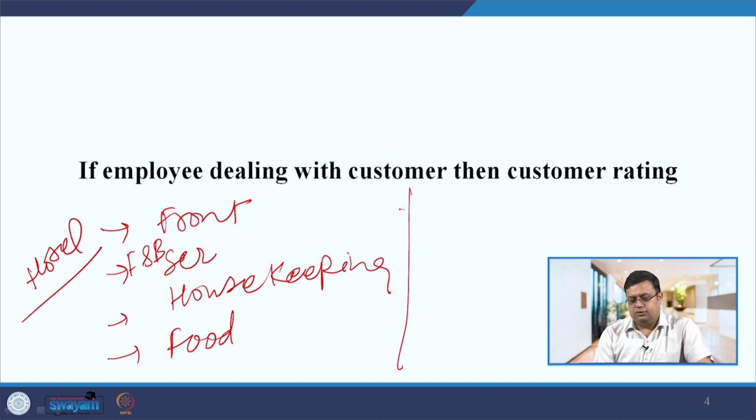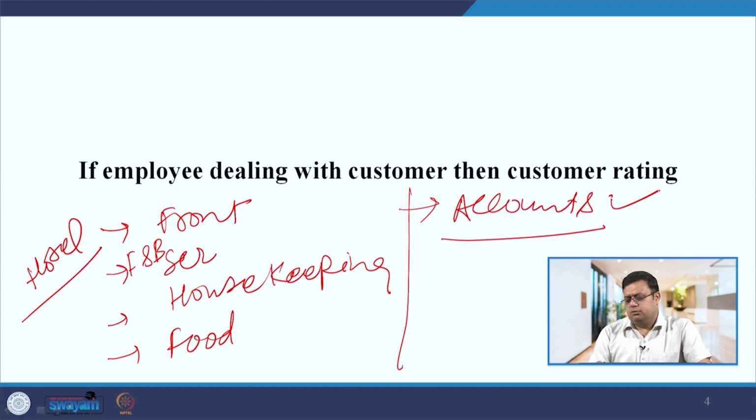But if you have to develop the developmental plan for the accounts department in a hotel, most of the time you will see that the accounts department people do not interact with the customers. In that case, customer rating may not be that effective.